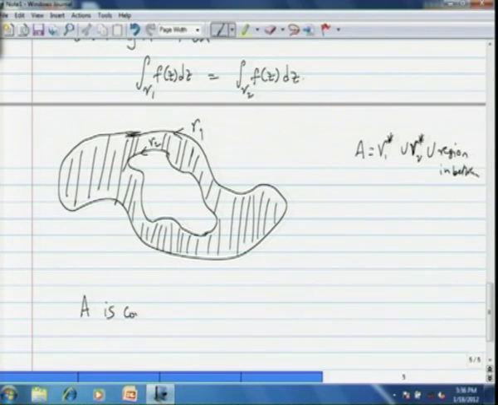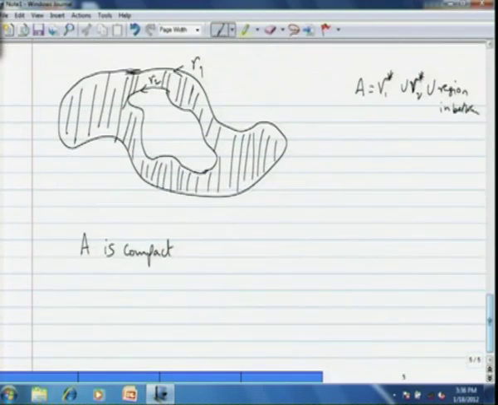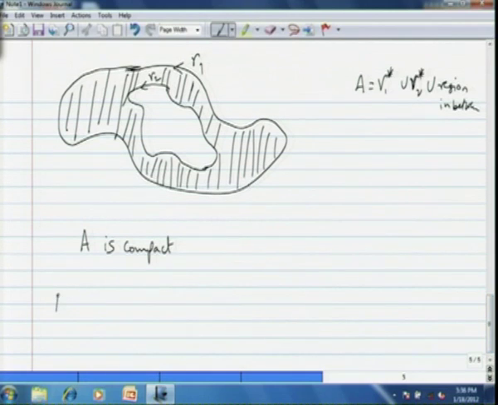So, what is important, independent of the schematic, is that A is a compact subset of the complex plane, and that is very significant. And so here is the proof. There are some details that I will skip, but more or less this is the proof.